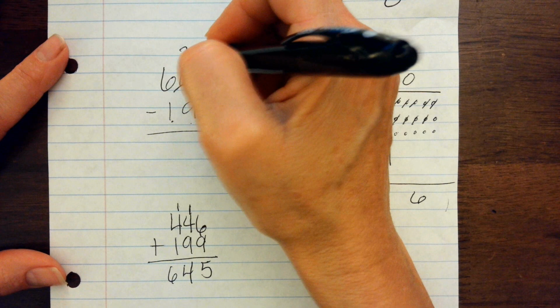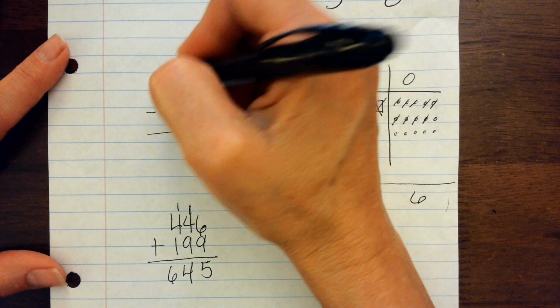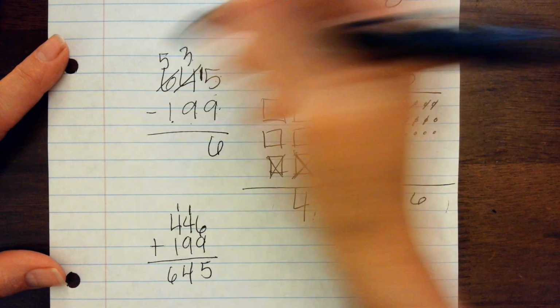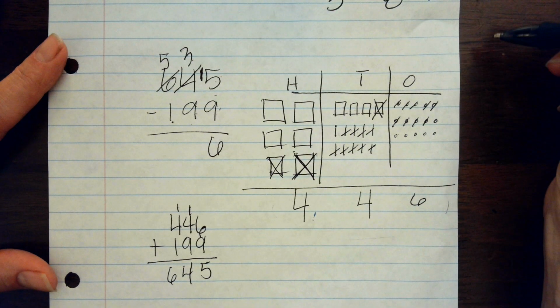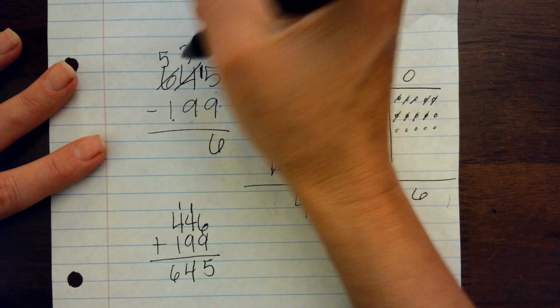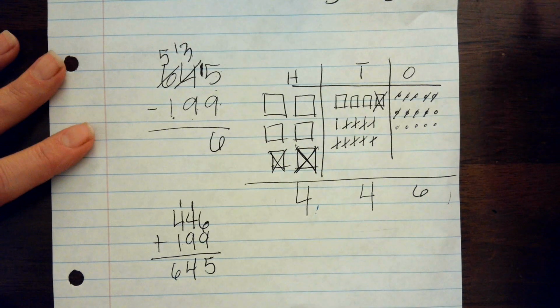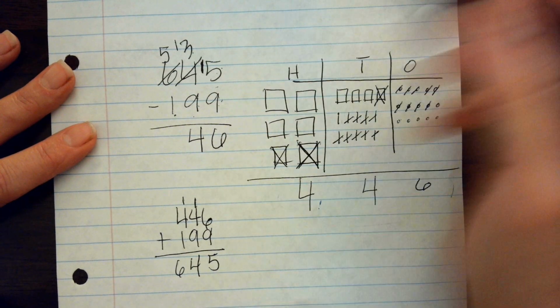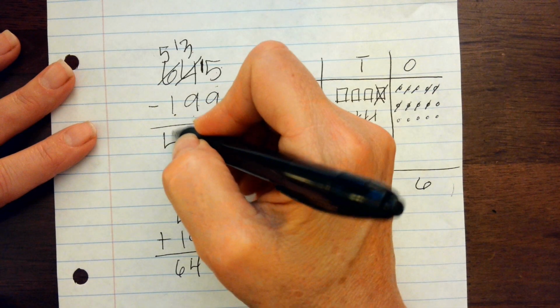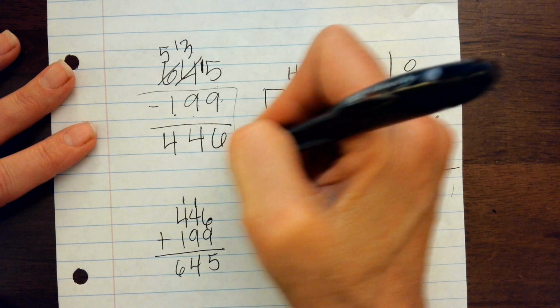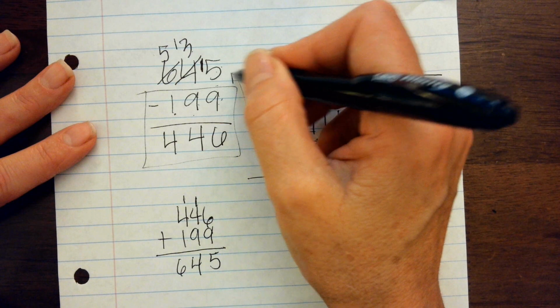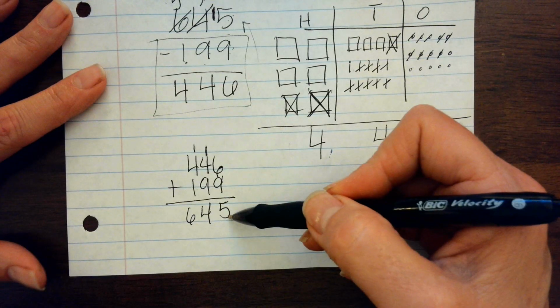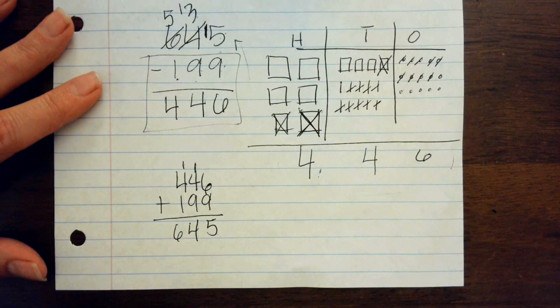If I have 3 cookies, can I give my friend 9? No. So I change this to a 5, and this becomes a 13. 13 minus 9 is 4. And 5 minus 1 is 4. And again, we would add these 2 up to see if we got this number, but we just did that right here, so we know that we did.